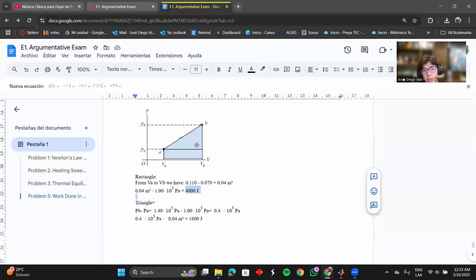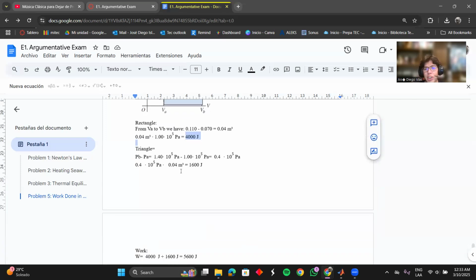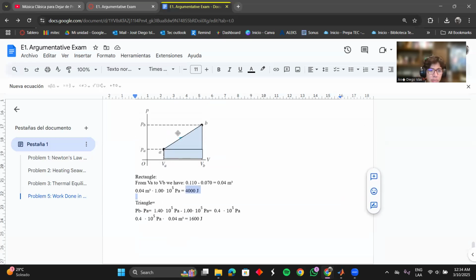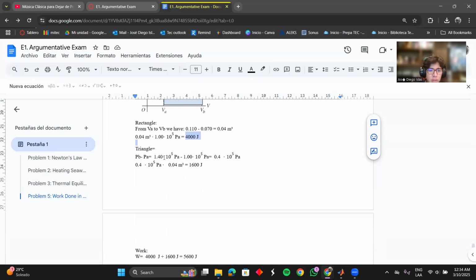And now we're missing the triangle. So we find the area of the triangle. Pretty nice, using elementary school facts to solve my college exam. So yeah, we know that the altitude of PB is this 1.4 times 10 to the 5 pascals.